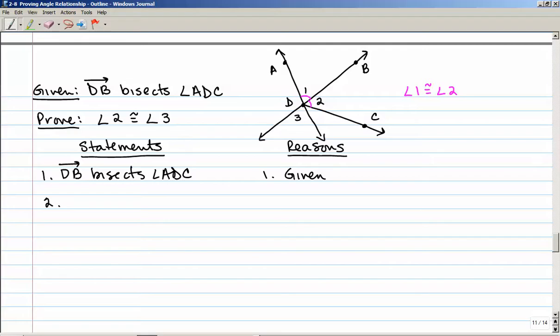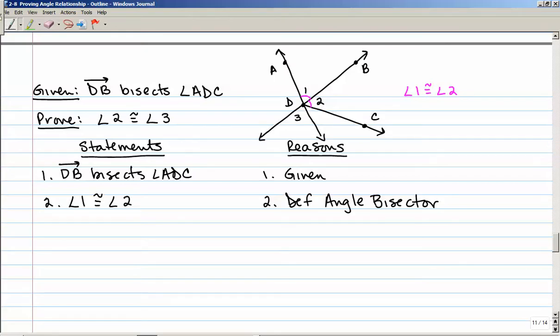If a ray bisects an angle, it cuts it into 2 congruent pieces, and in this case, those 2 congruent parts are angle 1 and angle 2. If ray BD bisects angle ADC, then angle 1 is congruent to angle 2, and that's by the definition of an angle bisector. What an angle bisector does is cut an angle into 2 congruent pieces.